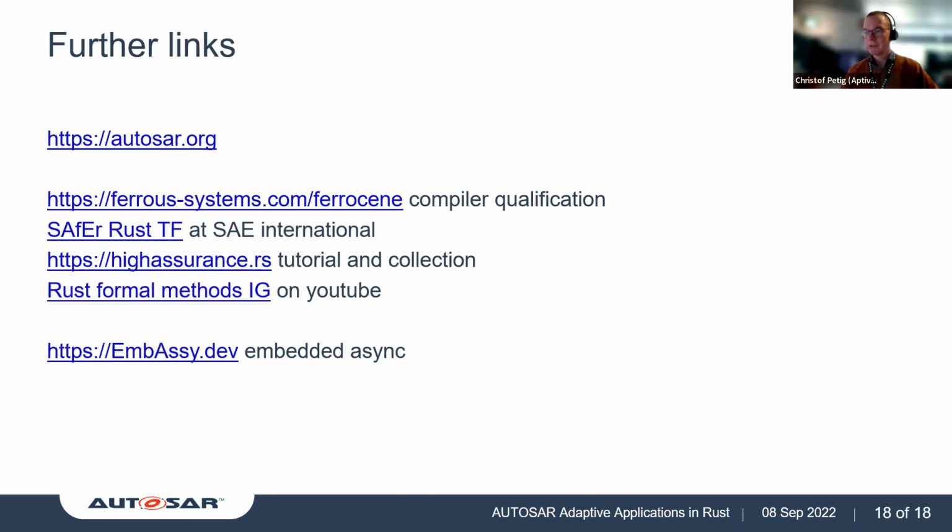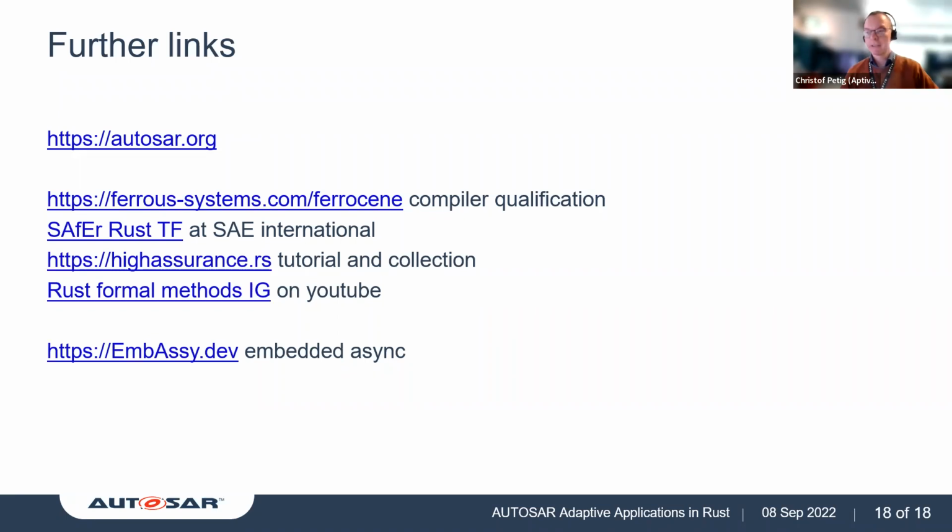If you just proceed to the next one, the first link gets you to the AUTOSAR organizational webpage, and this gives you access to all the published standards. Unfortunately, the demonstrator code is not available there unless you are a member of the organization.